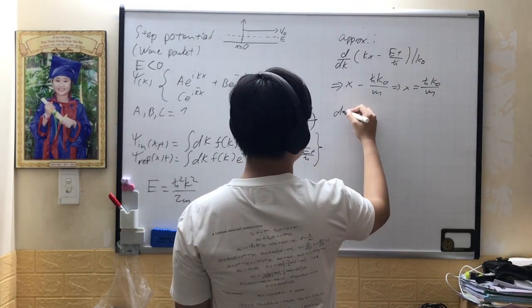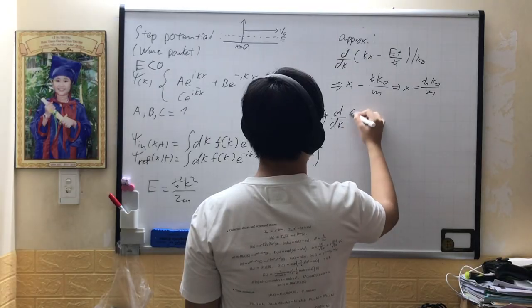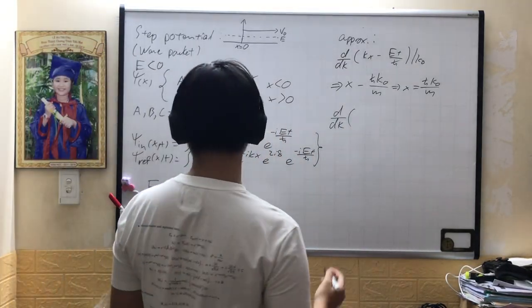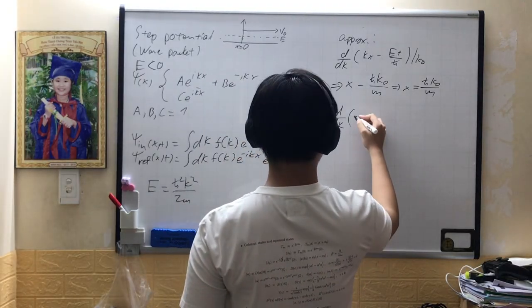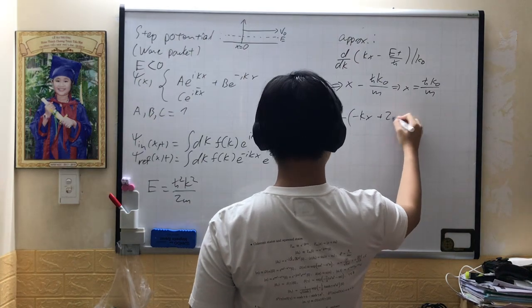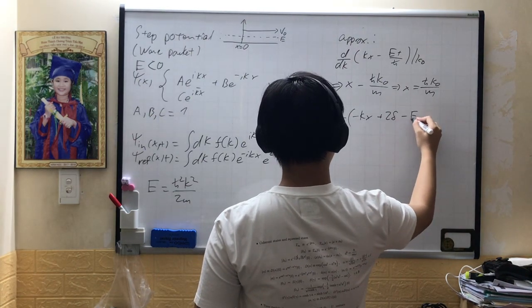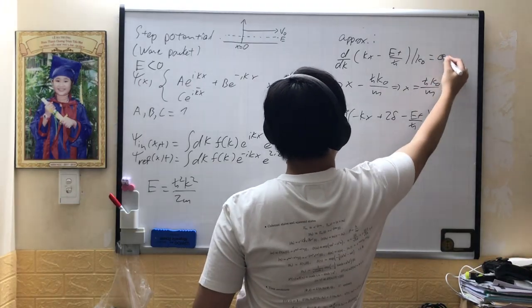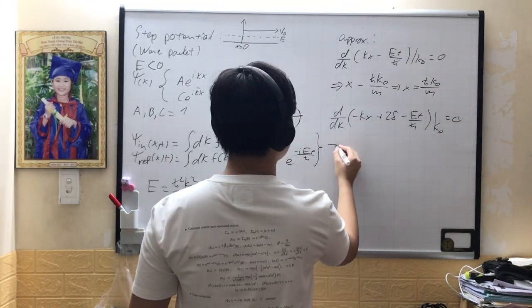Next one is our approximation for the reflected wave. Minus kx plus 2δ minus Et over ħ, squared, equal to 0.